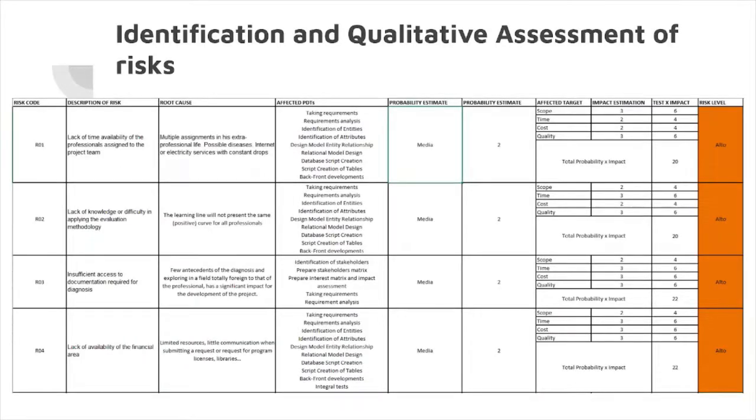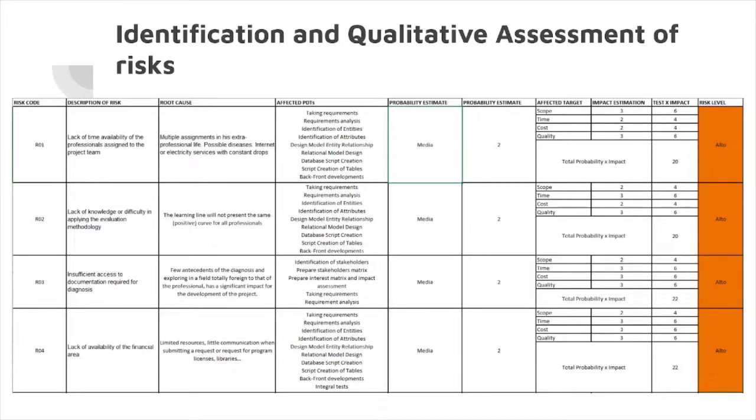In this table I will be brief because it's very large. We have risk code, description of risk, root cause, affected PDTs, probability estimate in number, and risk level.